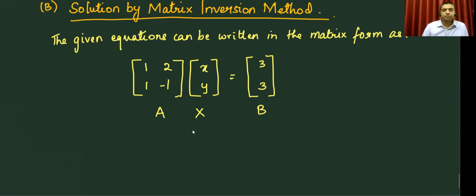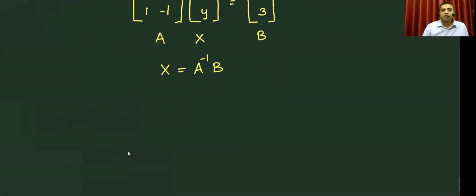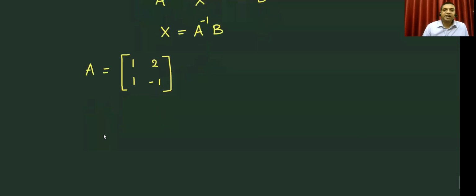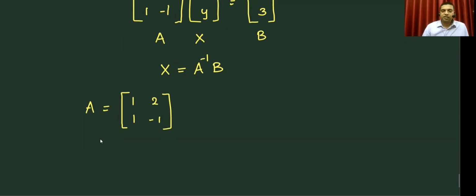Now X is equal to A inverse B. We have to get this. So A is this. What is adjoint A?